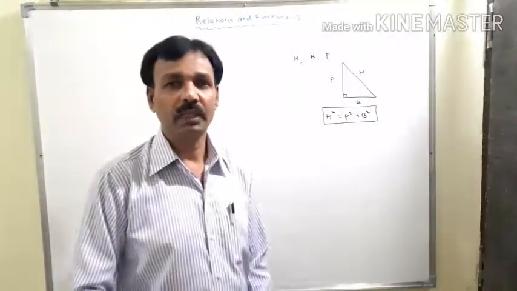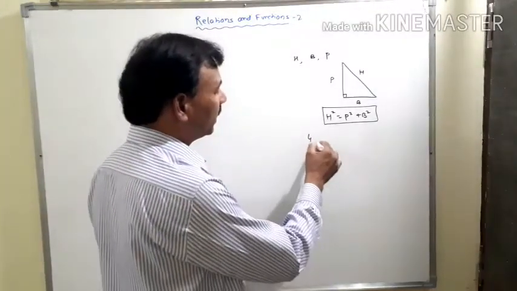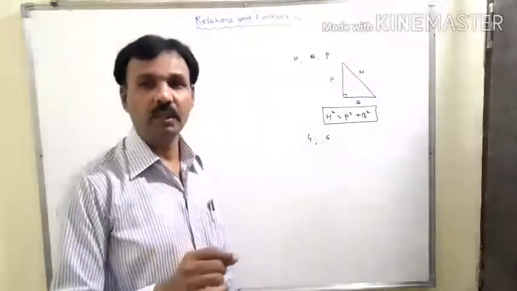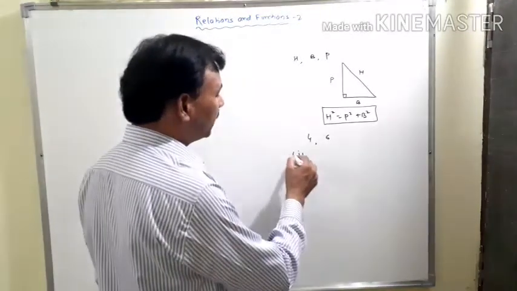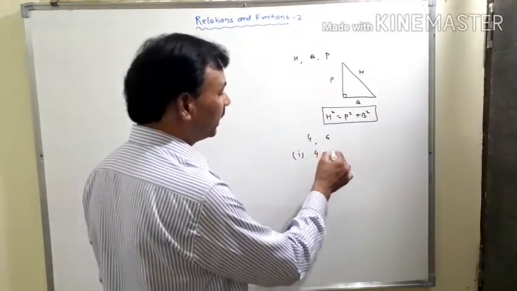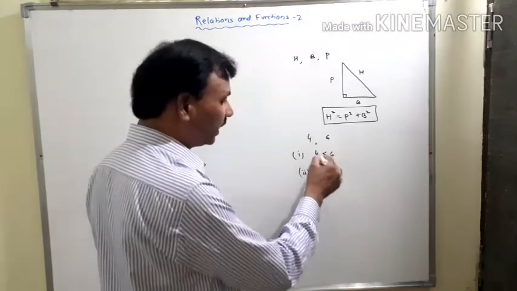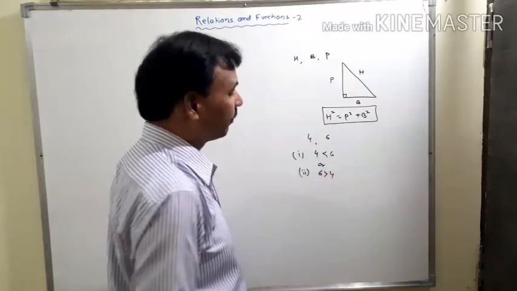In the same way, if there are two numbers taken as 4 and 6, then two types of relations are given. The first relation is 4 is less than 6, or we can say the same in other words, 6 is greater than 4.